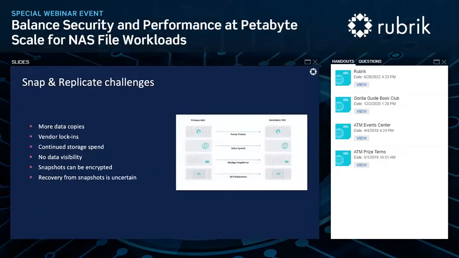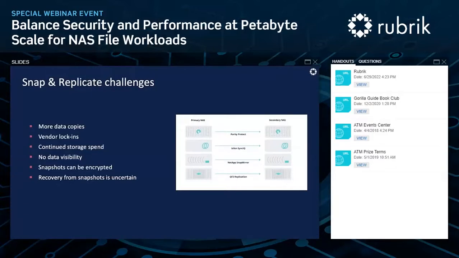This is why we see many customers use snap and replicate. What that means is you're basically taking a snap of your primary NAS and you're storing it on your secondary NAS. You're replicating to a secondary NAS. Now, that immediately results in more data copies. I mean, the problem to begin with is that you have a lot of data and now you just keep on multiplying it.